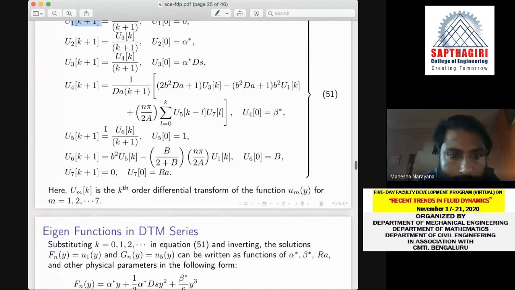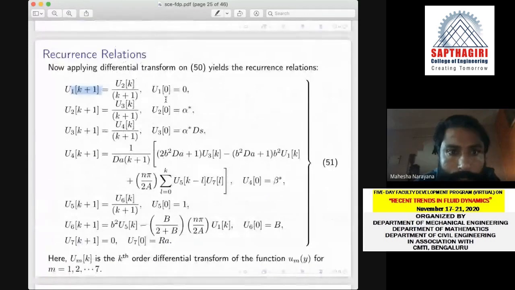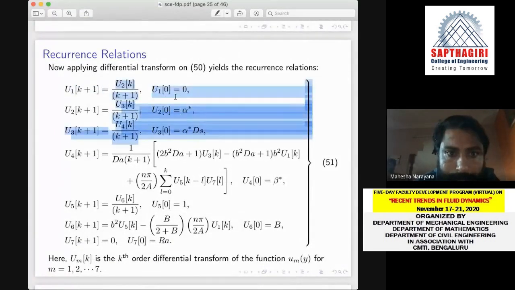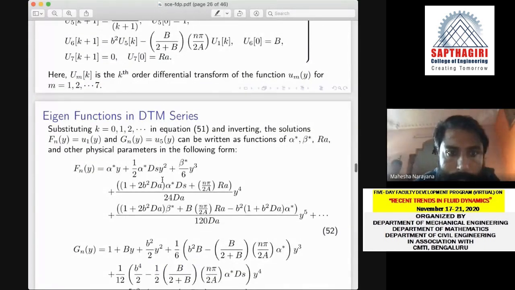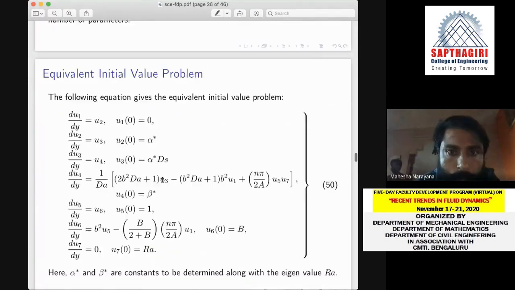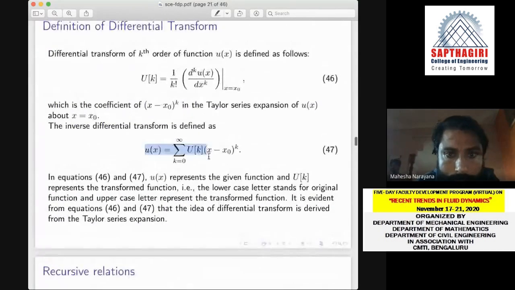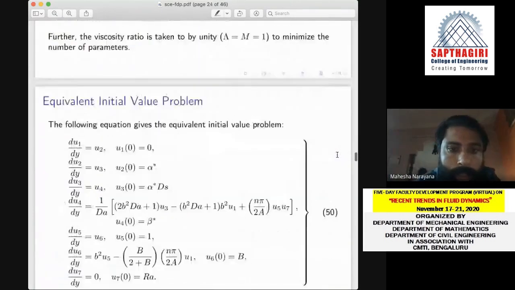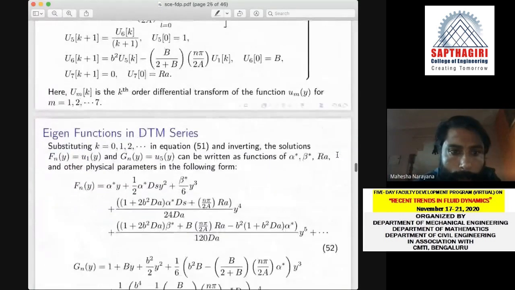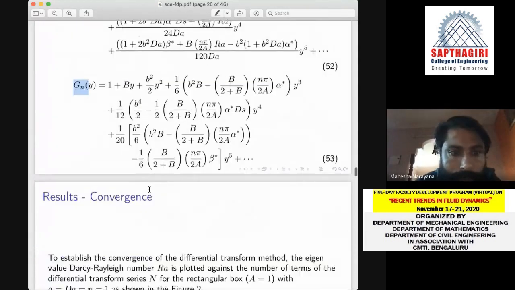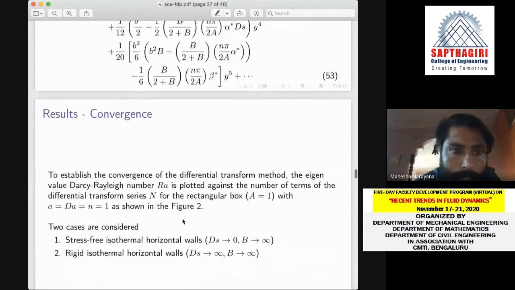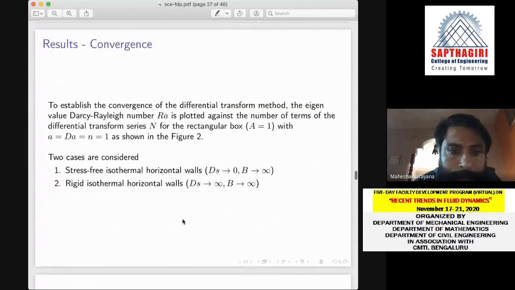So once you have these Taylor coefficients, with the first few Taylor coefficients being evaluated from the initial conditions, you can write down the Taylor series by using the equation that I presented earlier, which is the Taylor series, okay? So, yeah, your eigenfunctions are obtained using equations 52 and 53.